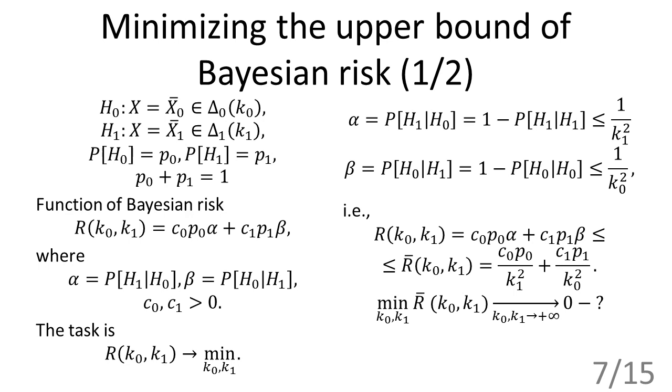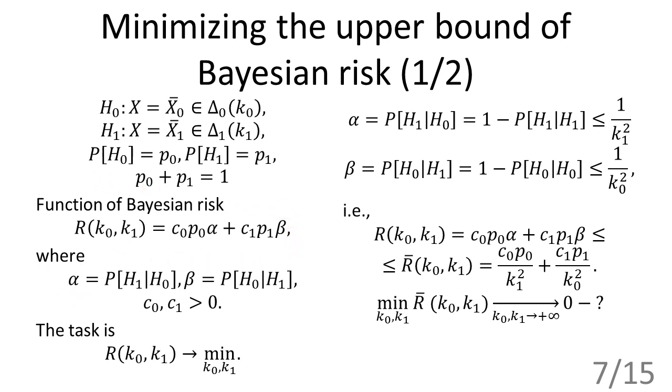And now let us consider the problem of outlier detection as the problem of hypothesis testing. Having denoted prior probabilities, here we introduce the Bayesian risk function, which has the form pointed out on the slide.